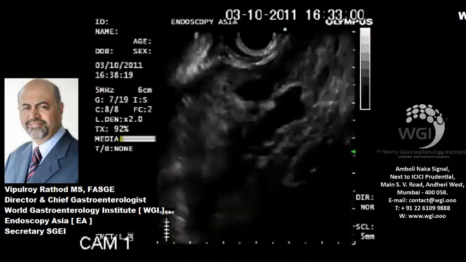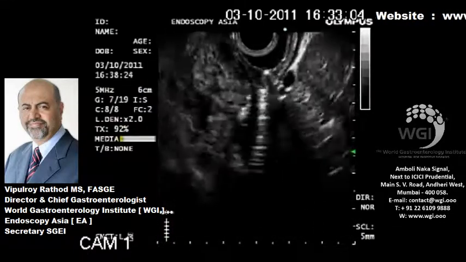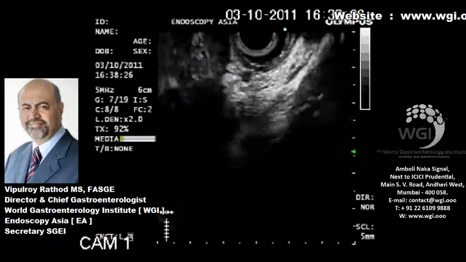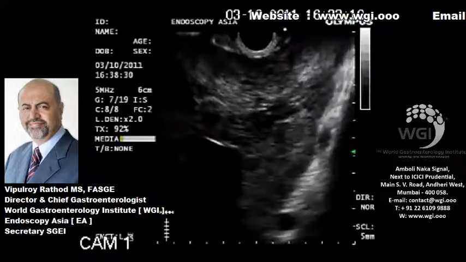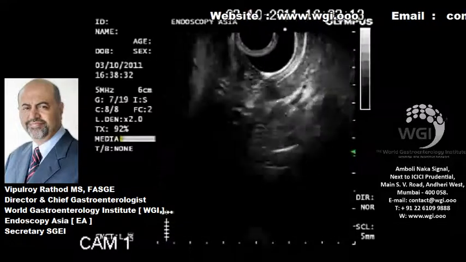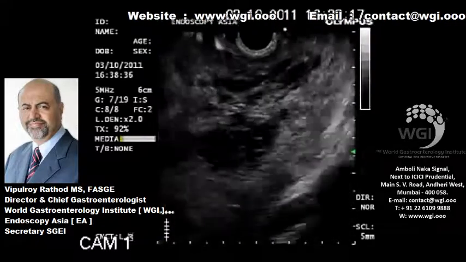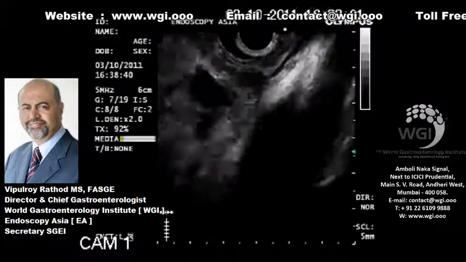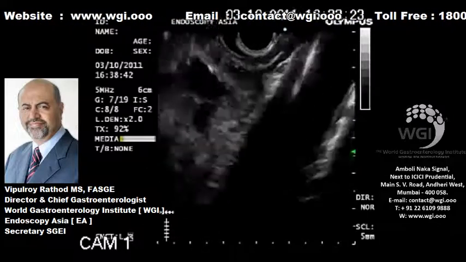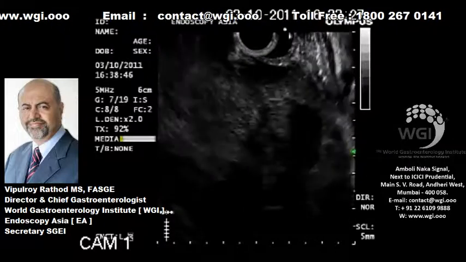So I will demonstrate to you, when I say portal hypertension, these are the varices, probably secondary to the compression of the splenic vein. This patient has developed left-sided portal hypertension. So there are few abnormal vessels there, and we need to be careful when you do any EUS-FNA. And actually here we can see the layers.